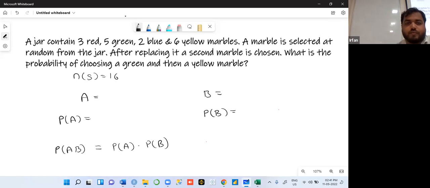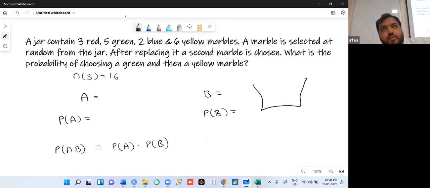Okay. So here we have to replace the first before the second one. What is the probability of choosing a green? For example, think like you have a big jar and you have 16 balls. Any ball you pick up, can I say it's random? Every ball you pick up is independent of the first and second, because you don't know what is coming into your hand.